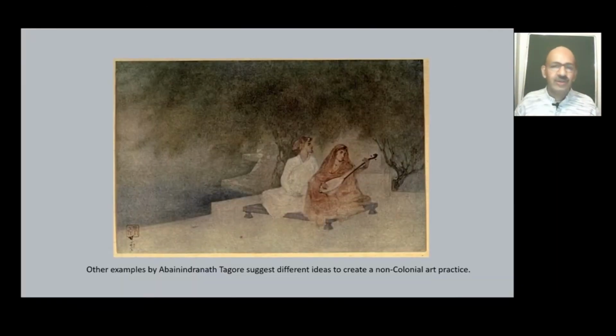However, not all the paintings that Abanindranath Tagore did throughout his life necessarily followed the same ideology or the same stylistic features. In fact, other examples of paintings by Abanindranath Tagore suggest different ideas to create a non-colonial art practice.